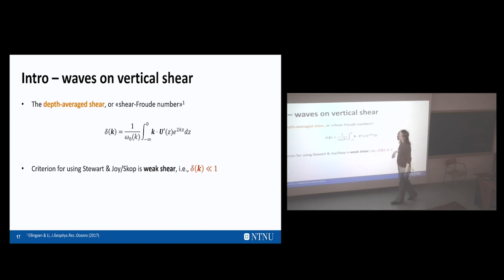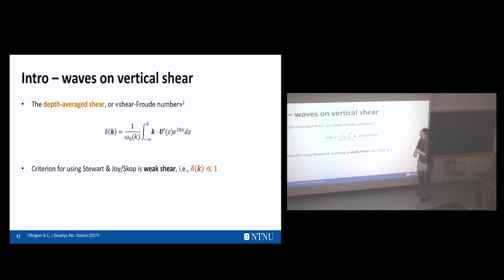So we derived a few years ago, looked at the criteria for using Stewart and Joy, and came up with this non-dimensional parameter for a wave of wavenumber k, which is sort of the depth-dependent gradient of U, and it has the shape of a Froude number.